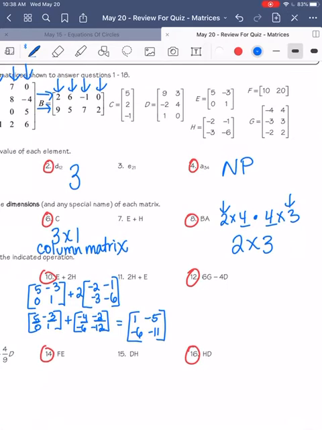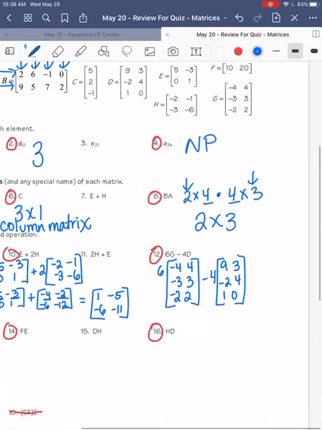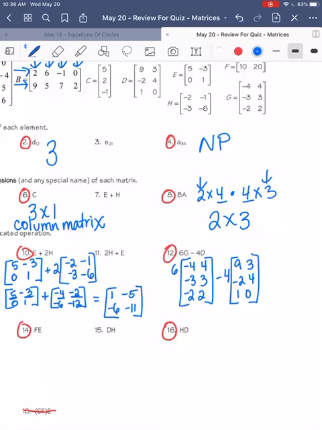All right, let's look at 12. So 6 times G minus 4 times D. We can do this as well because they have the same dimensions. I'm running out of room, but that's okay.